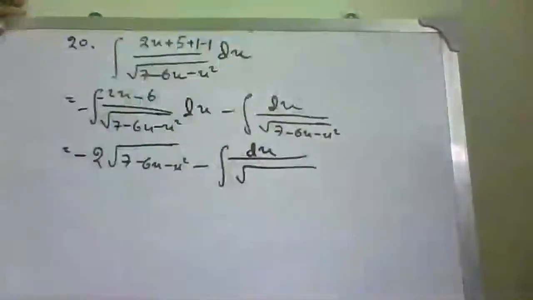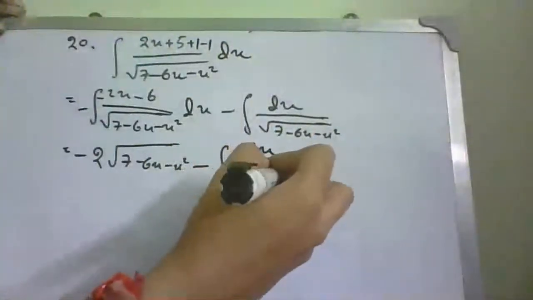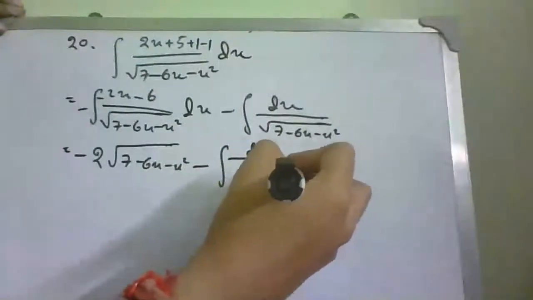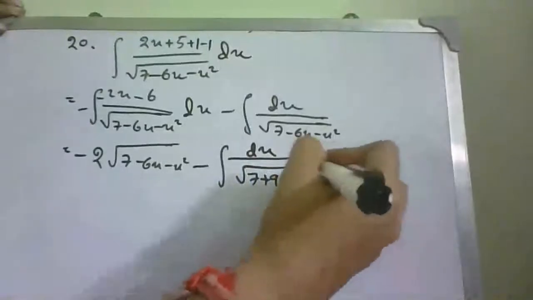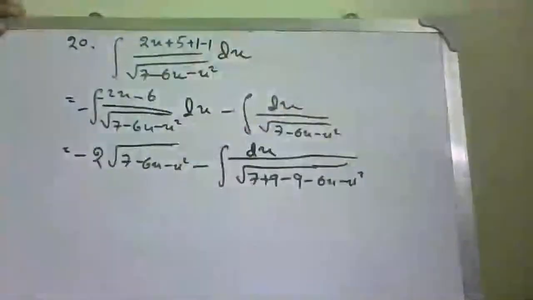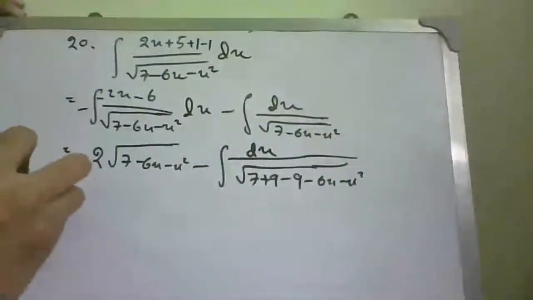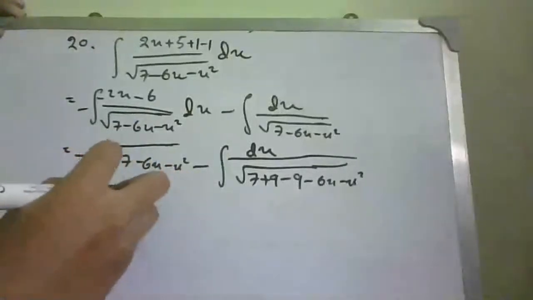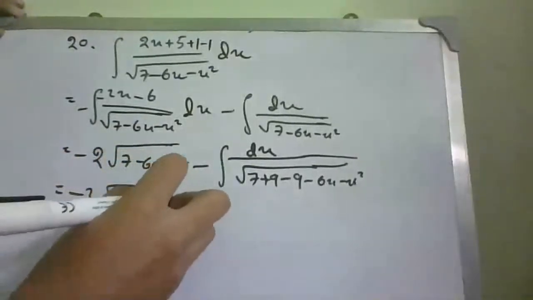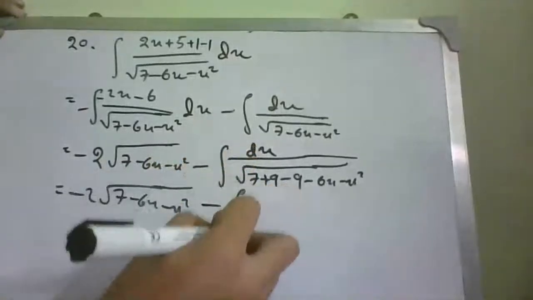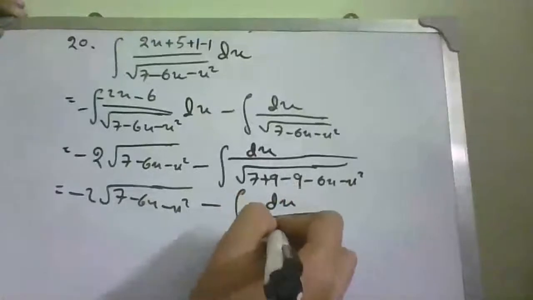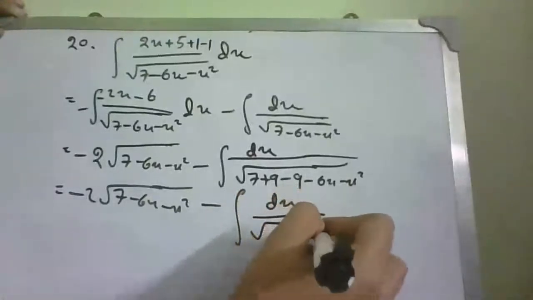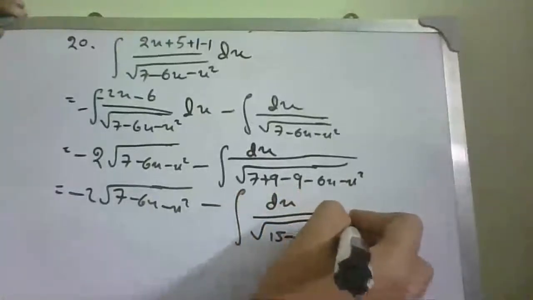Can we write 7 plus 9 minus 9 minus 6x minus x square? What if we write this? Yes, this can help. So this will be root of 15 minus (x plus 3) squared.